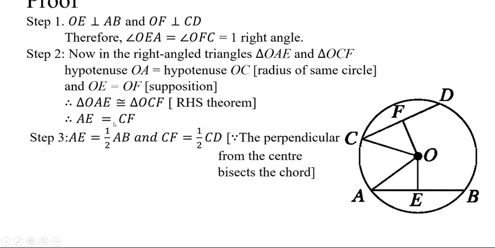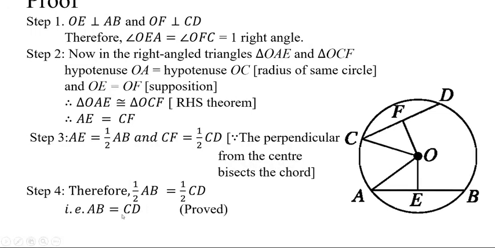Since AE and CF are equal, therefore half AB and half CD are equal. That is, AB and CD are equal. And it is our required proof. I think, dear cadets, you all understand these three theorems. Now, I'll go for the exercise.